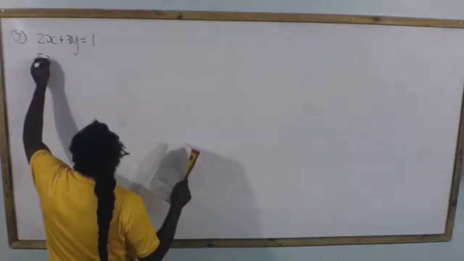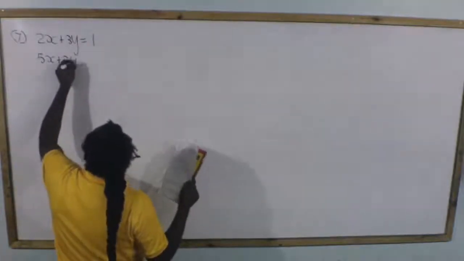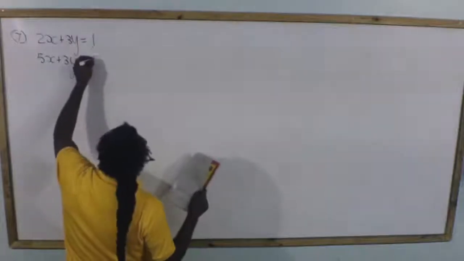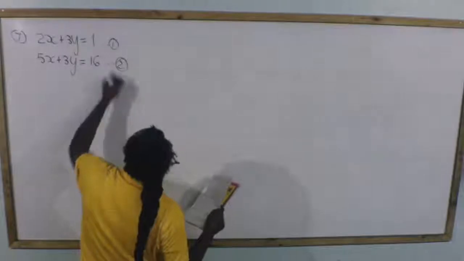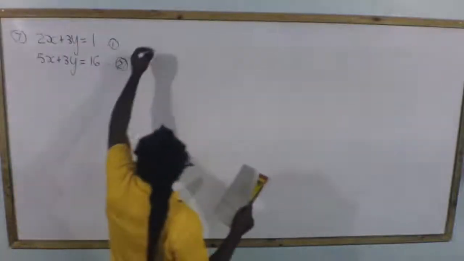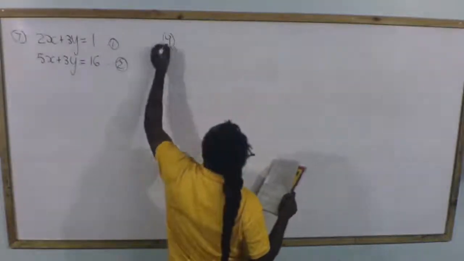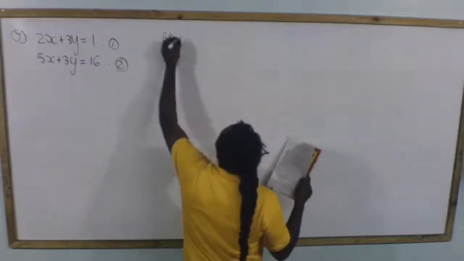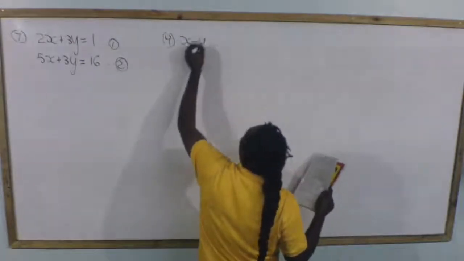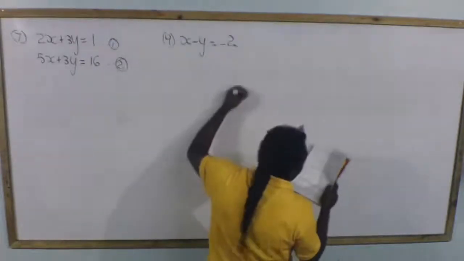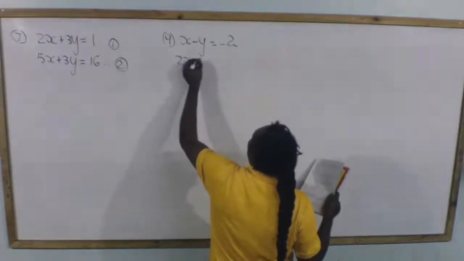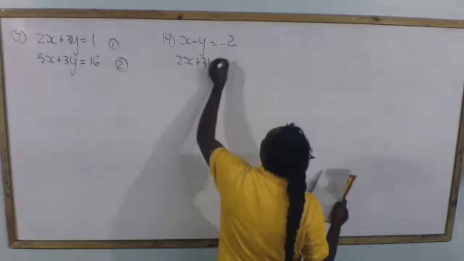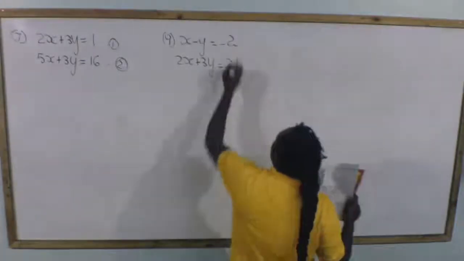And we have 5x plus 3y is equal to 16. Equation 1. Equation 2. Take a look at that. Number 9 is my favorite. X minus y is equal to negative 2. And 2x plus 3y is equal to 21.